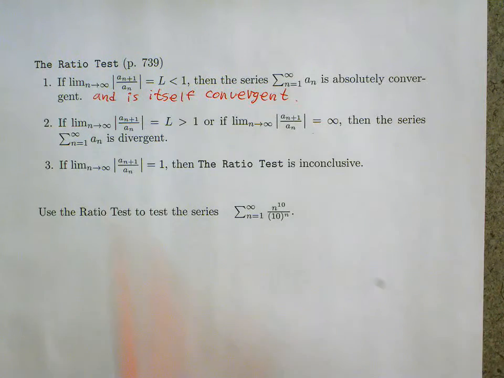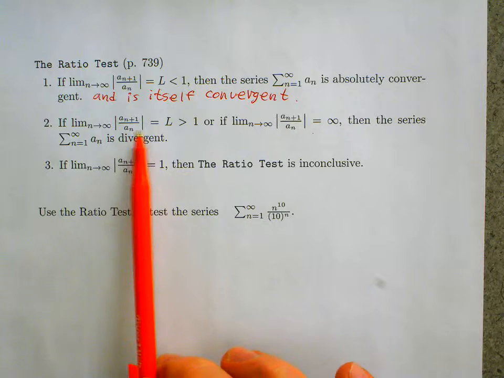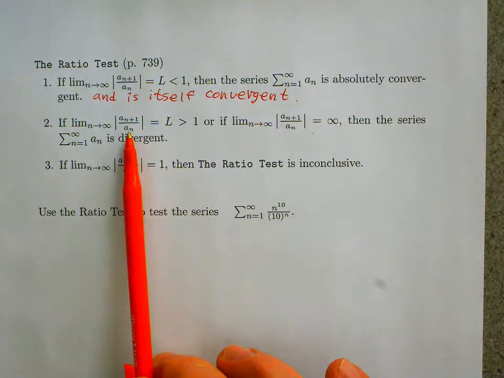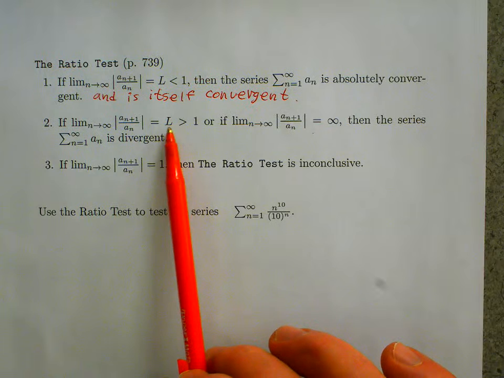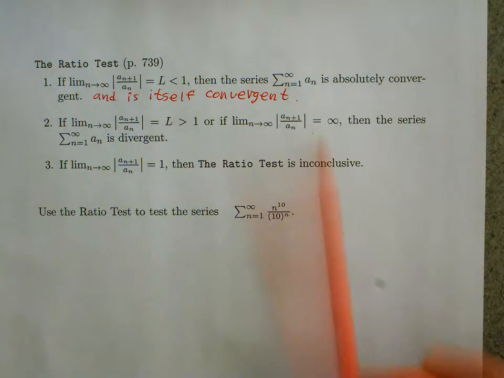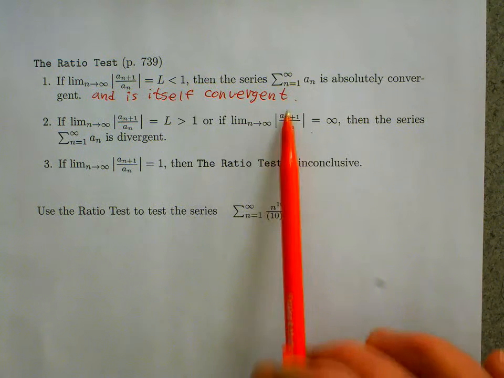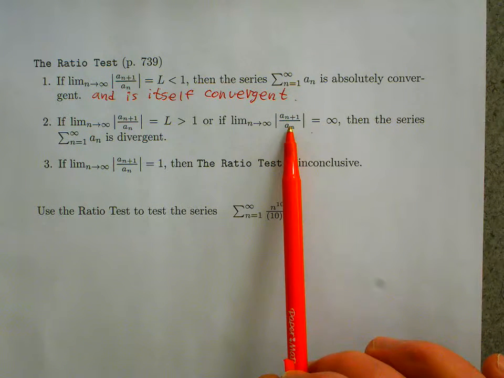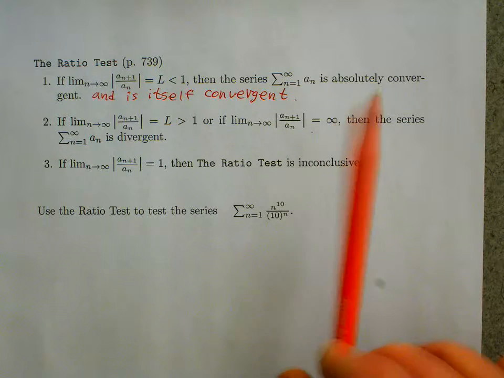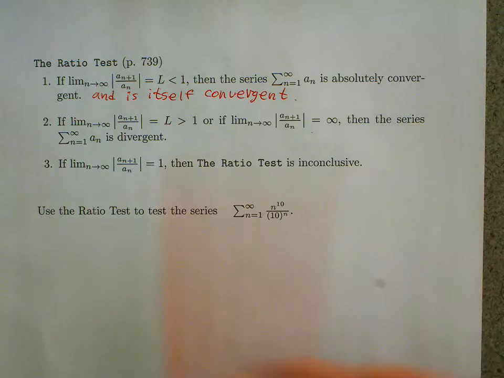Okay, on the other hand, if the limit of the absolute value of the ratio a sub n plus 1 over a sub n exists as a finite number greater than 1, or if the limit of the absolute value of the ratio is positive infinity, then the series is divergent.